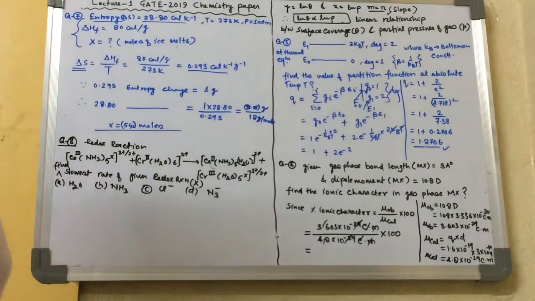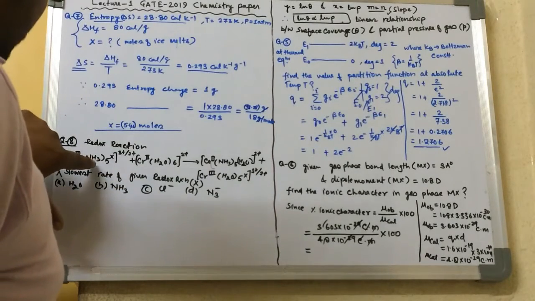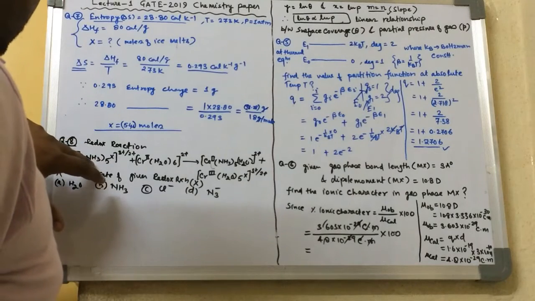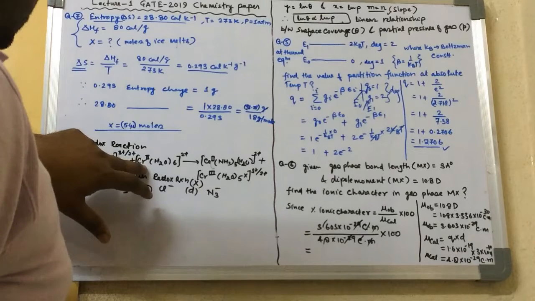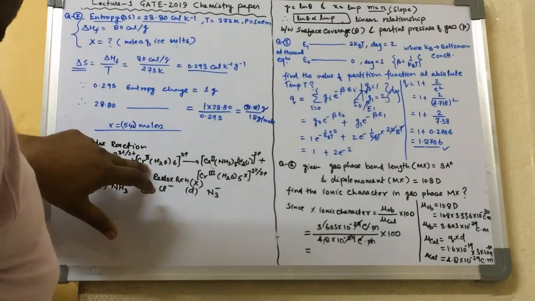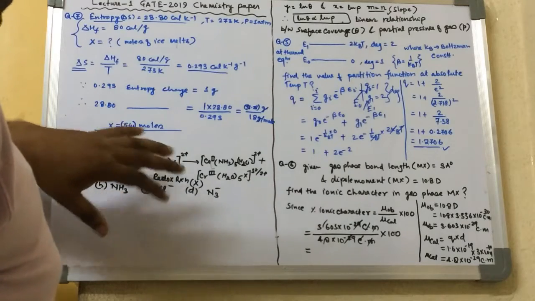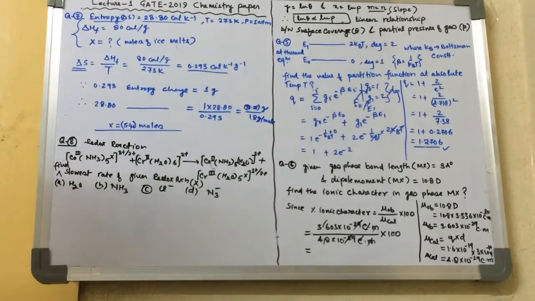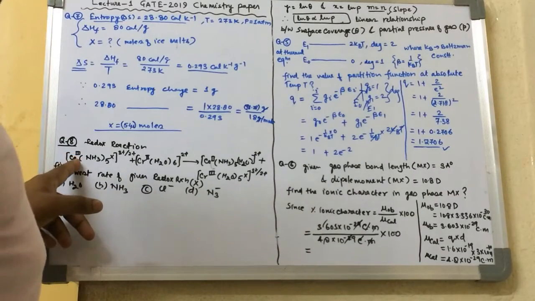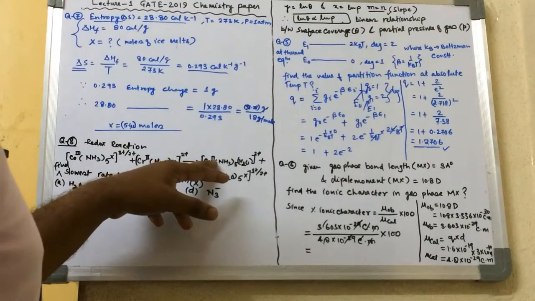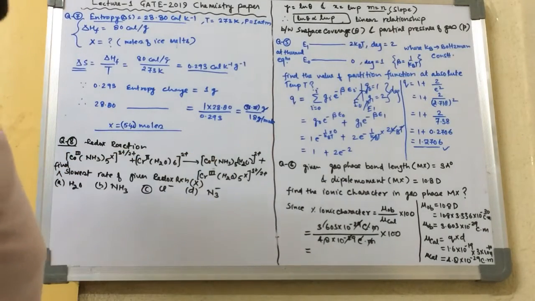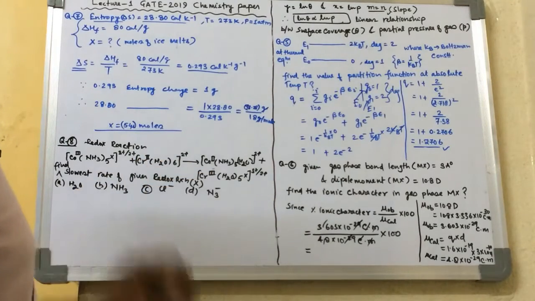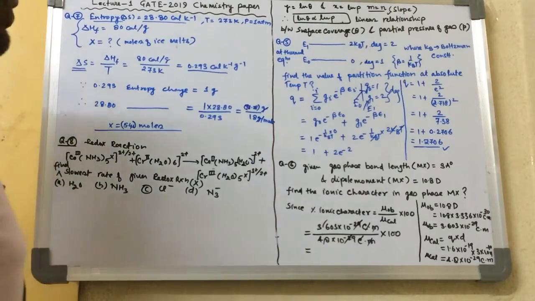Be careful. Here cobalt is in the 3 oxidation state attached with ammonia, but chromium is in the 2 oxidation state. From this we can say it is absolutely a redox reaction, because cobalt goes from 3 to 2 oxidation state, so this is reduction. And chromium goes from 2 to 3 oxidation state, so this is oxidation.